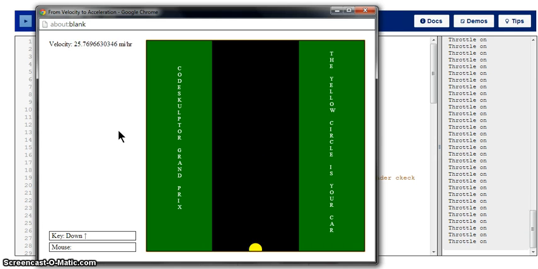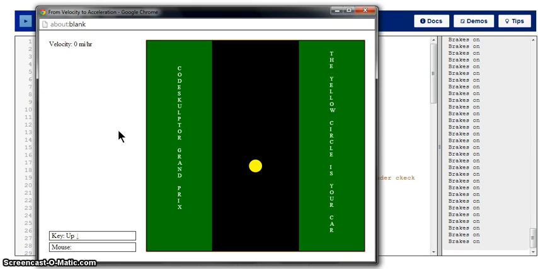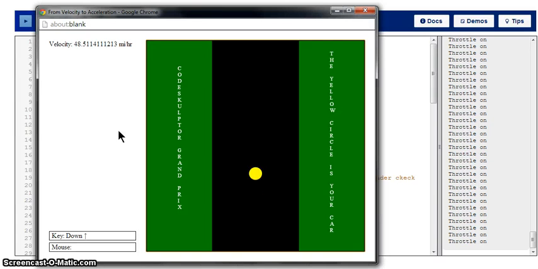If the car has some velocity and I press the brakes, which is the down arrow key, the car comes to a standstill much quicker, because in this case, both the brakes and the friction are responsible for the reduction in velocity. The third thing is that if I keep on pressing the throttle, the car's velocity keeps on rising until it reaches or approaches a value that is the top speed of the car.